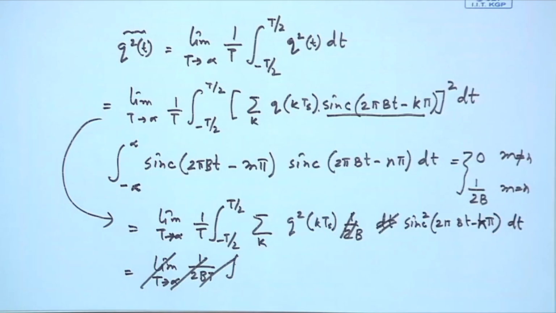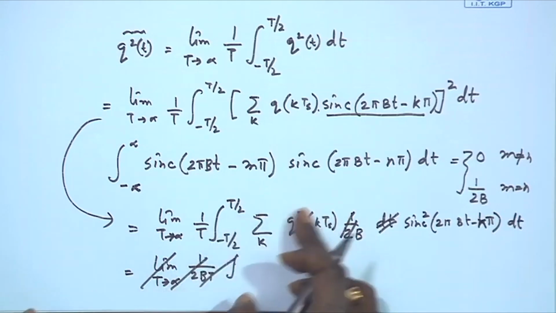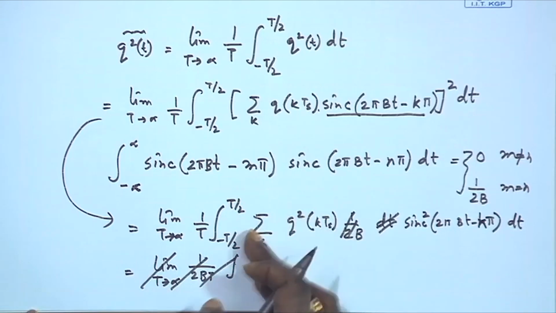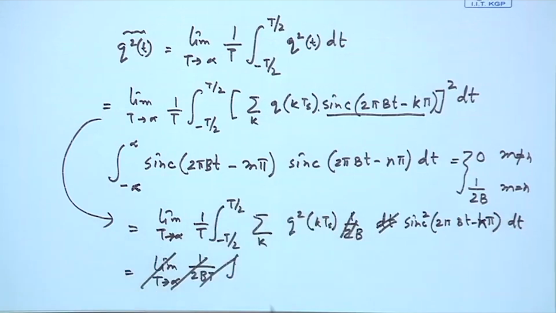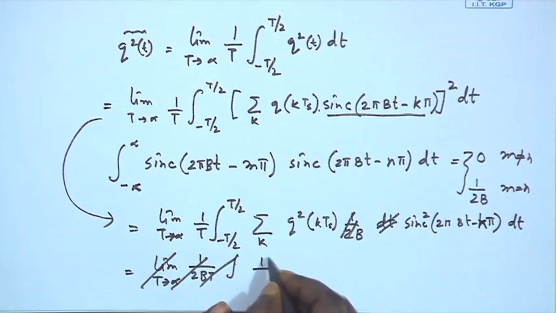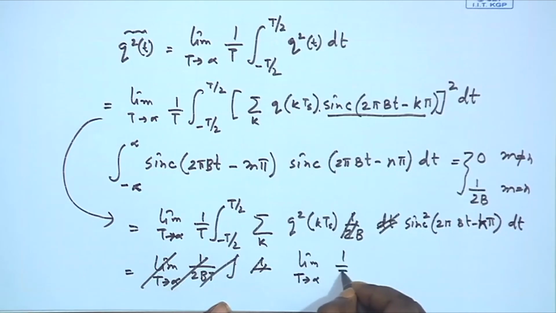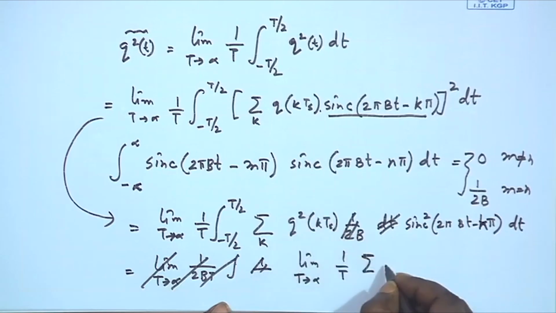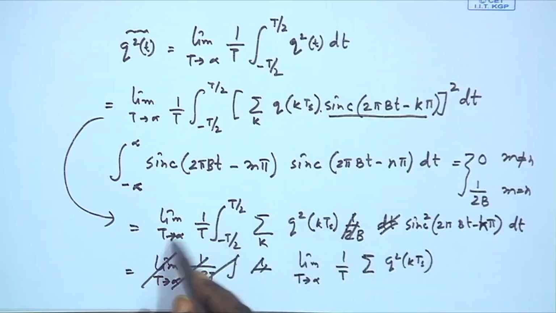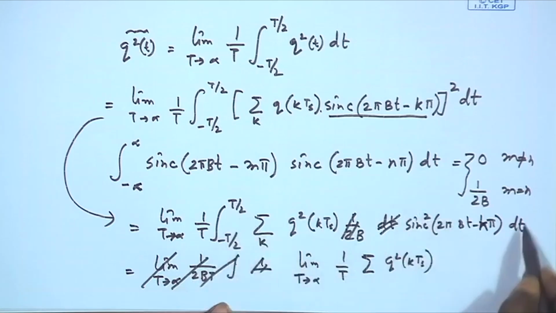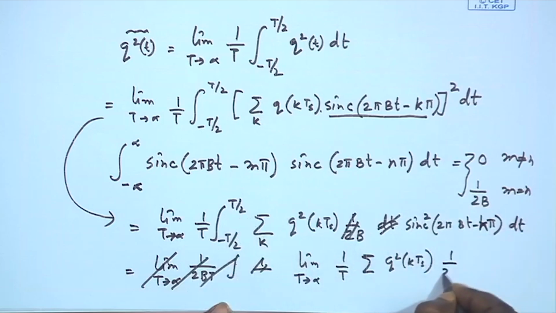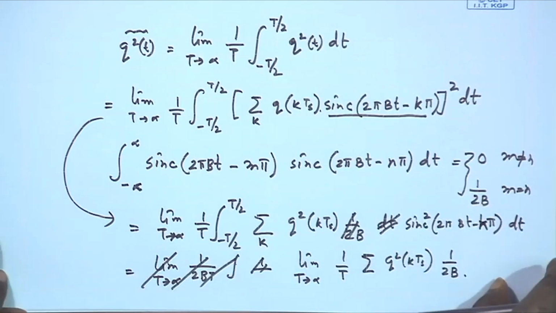Then the integration I can take inside, because the summation has nothing to do with the integration variable and limit, so they can come out. So, this is equal to the limit as t tends to infinity of 1 by t, the summation, q square of kTs, and then this integration, because t tends to infinity, goes from minus infinity to plus infinity, which happens to be 1 by 2b. Okay. So, this is how I can write this.